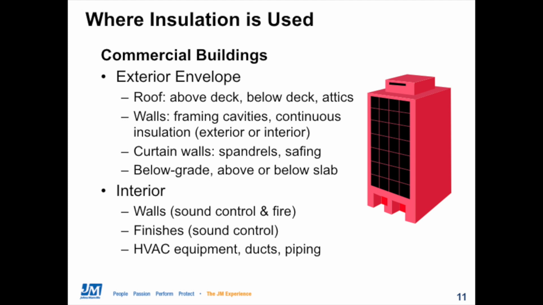And on the interior of the building, insulation is going to be found inside interior walls for sound and fire control and as part of acoustical finishes. We're also going to find insulation in heating and cooling equipment, on heating and cooling ducts, and on water or steam pipes. So next we're going to dig into some of these applications in a little more detail.